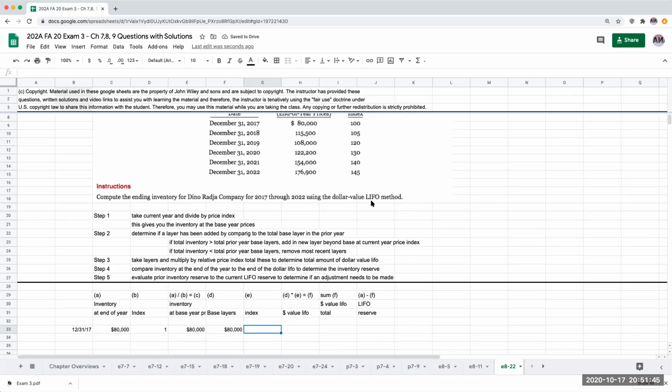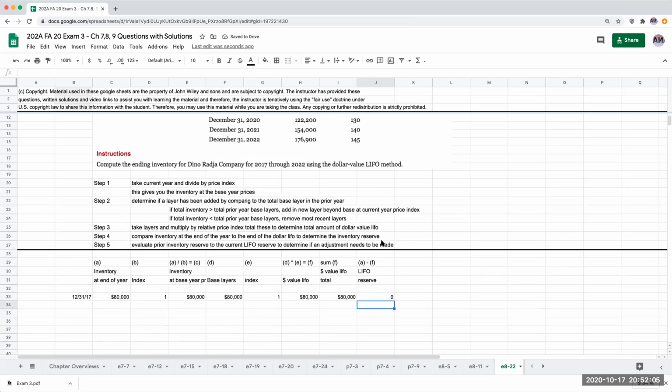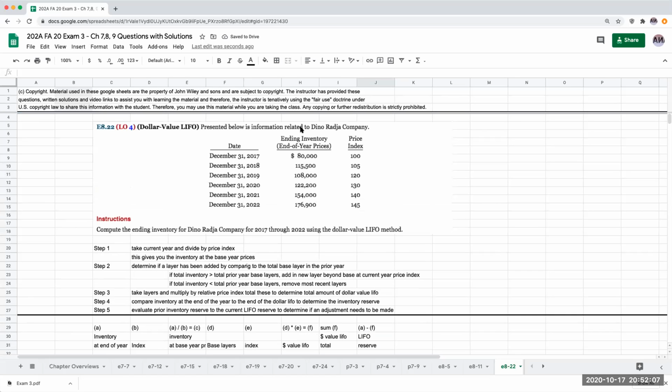My index is appropriately at 1. So my inventory at dollar value LIFO for year 1 is really going to be the same dollar amount, 80,000. And for the first year, we don't have a reserve. So this first year right here is the base layer.